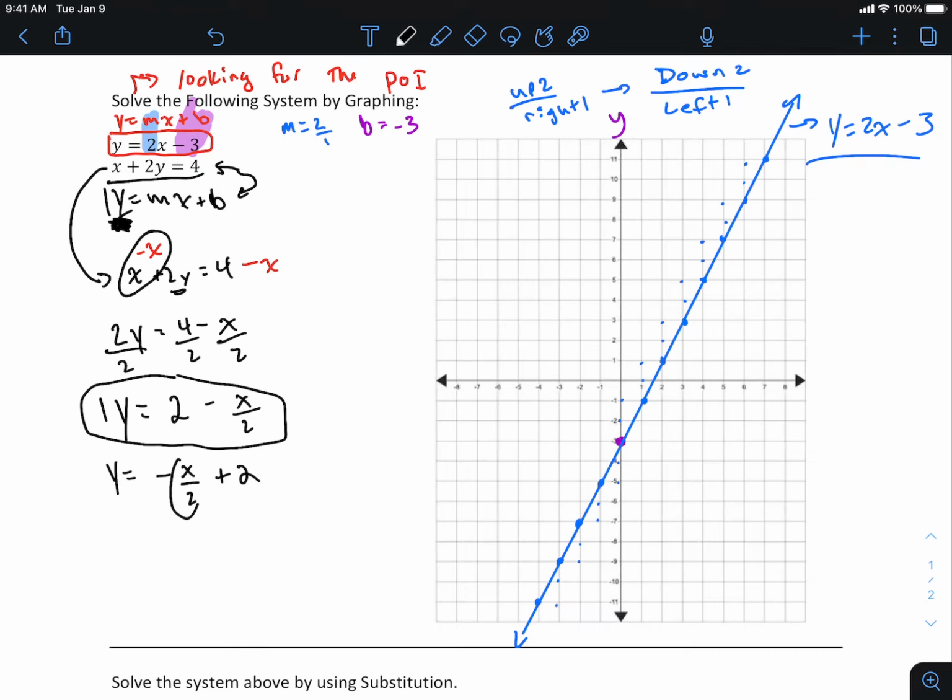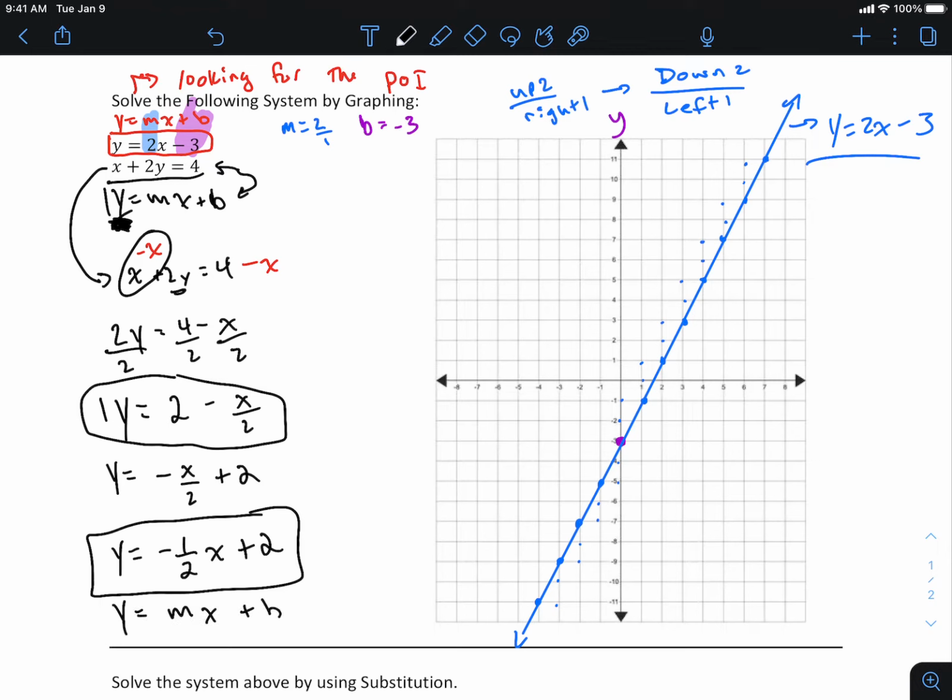Another way to write this, here's your equation written in y equals mx plus b. Okay? You can quickly identify, just by writing y equals mx plus b, what the information is that you need.